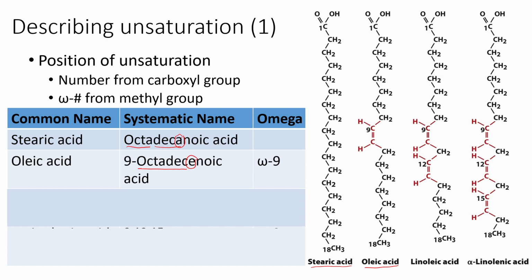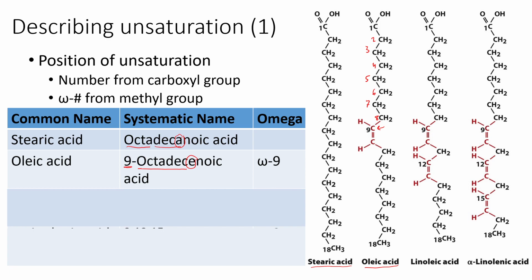So now we also have to describe it by saying where that double bond is. For our systematic name, we start labeling from the carboxyl end. And if we start numbering those carbons, like we were talking about on the previous slide, that double bond starts at the 9th carbon over here from the carboxyl end. And so we can call this by a more systematic name. Instead of oleic acid, we can call it 9-octadecenoic acid.